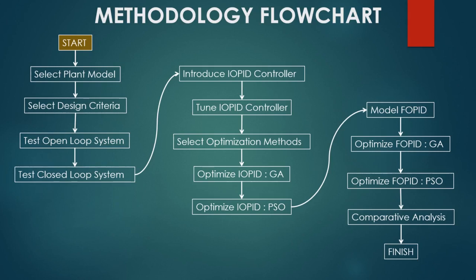After that we would further improve the PID controller performance by using advanced optimization methods like the genetic algorithm and the particle swarm optimization. Then we would move on to modeling the fractional order PID controllers, and again use genetic algorithm and particle swarm optimization for optimizing their parameters. And at the end we would do a comparative analysis and evaluate which controller performed better.